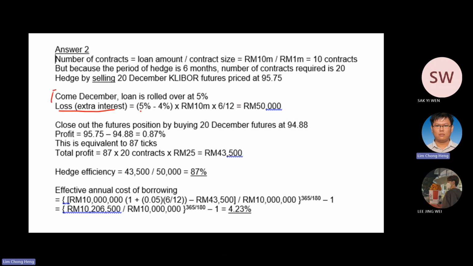So you lost 1% right here. 10 million and 6 months. So you need to pay an extra 50,000 for your loan. Okay, simple, and this is the spot market.